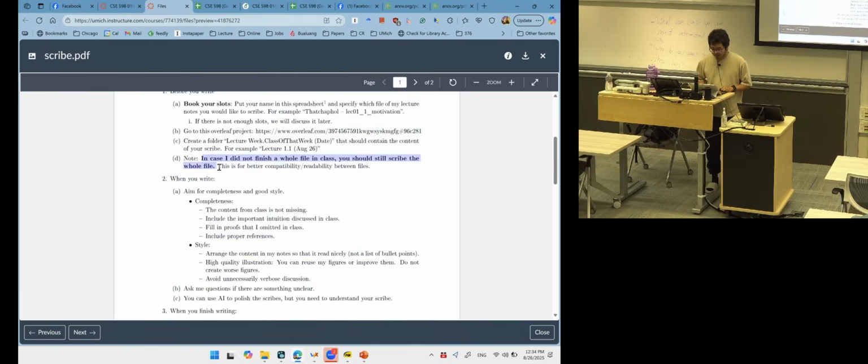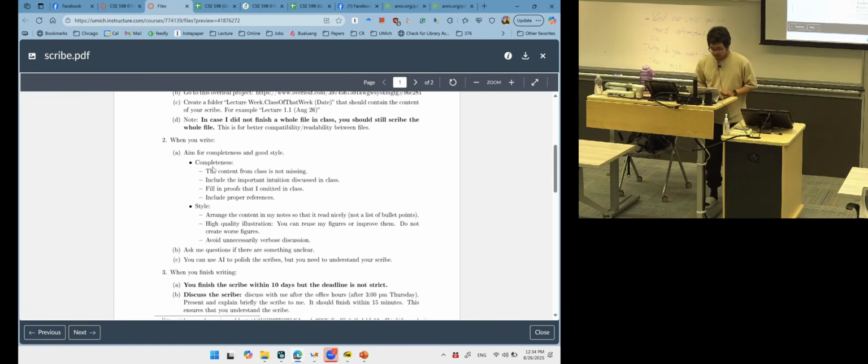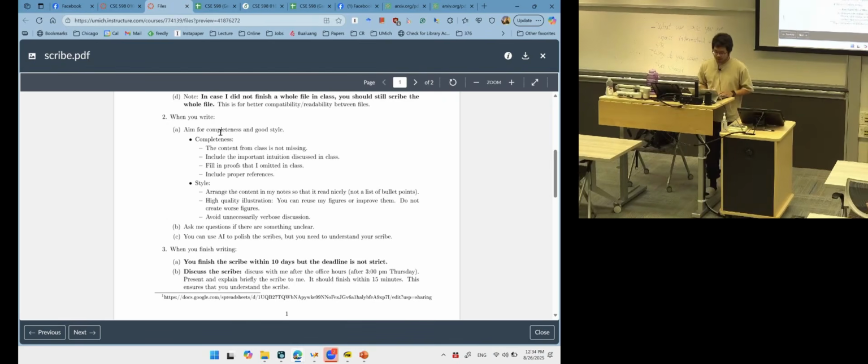I try to finish everything on time, but suppose that I don't finish some small thing and spend the next 5 or 10 minutes on it in the next class, it should still be in the same scribe notes, just for continuity. You should make the notes complete and make a good start.